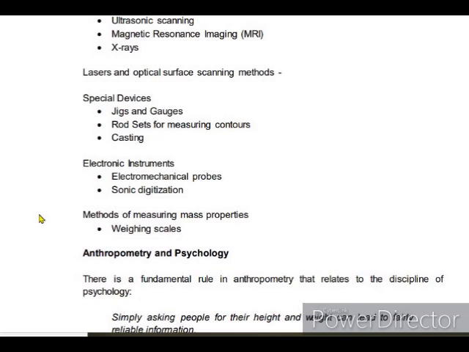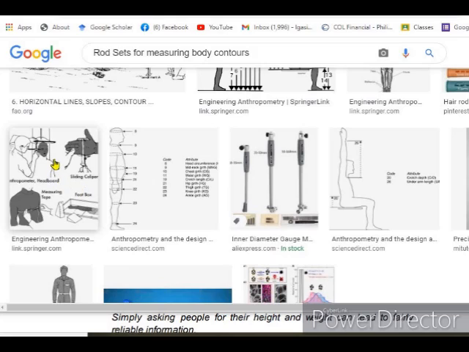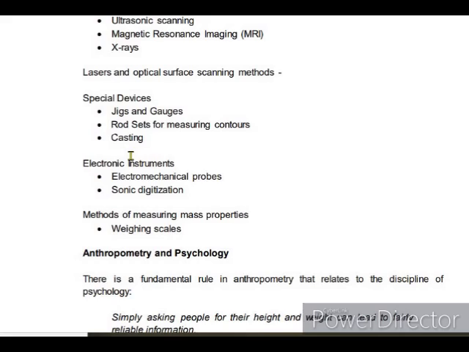Next, the rod sets for measuring contours. What are those? This is an example of it. Those fixtures, if you saw the video a while ago, involve rod sets in measuring body contours, wherein you can take anthropometric measurements of the body parts by using those fixed rod sets. Next, and even casting. What is casting? It is getting the shape of a body part, just like the arm.